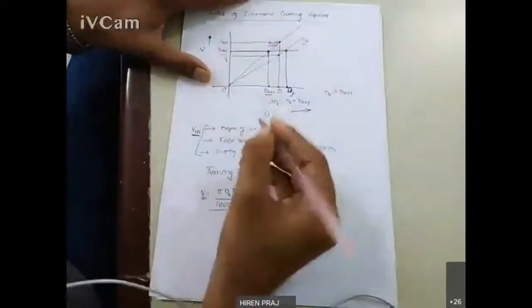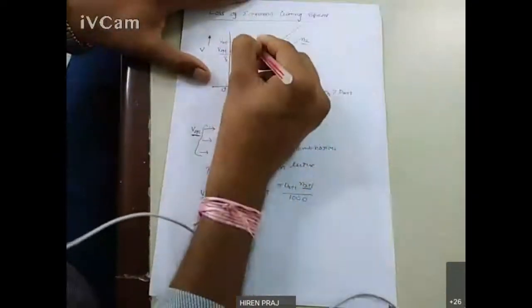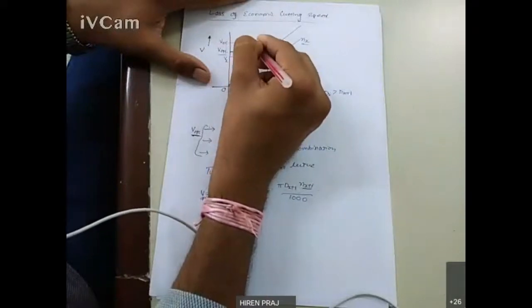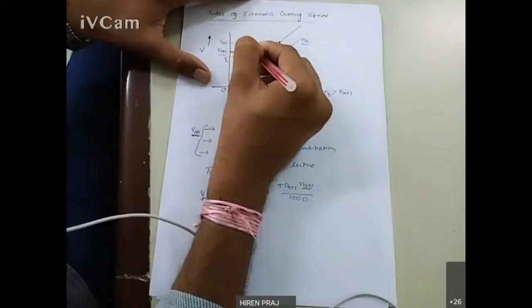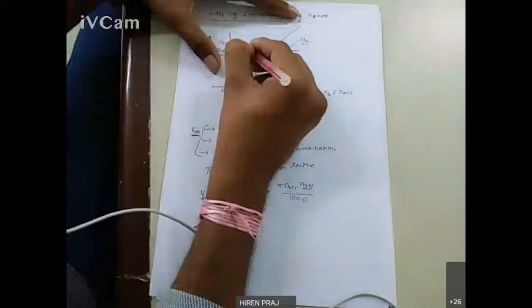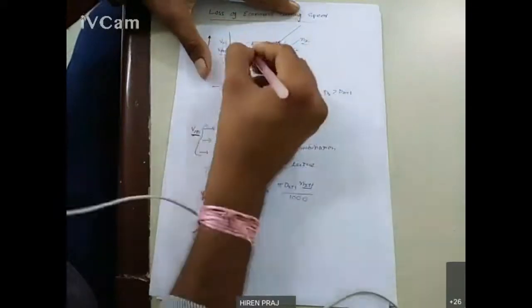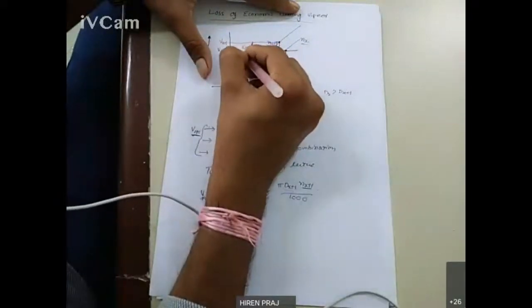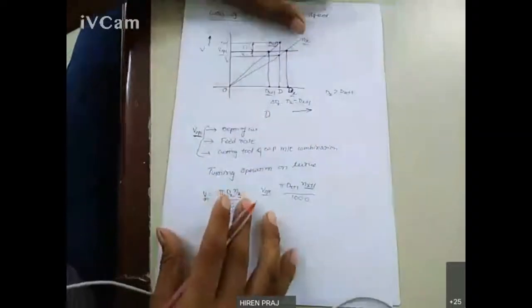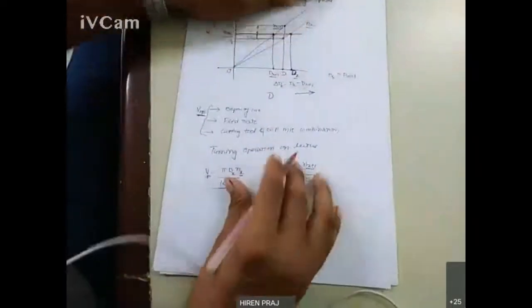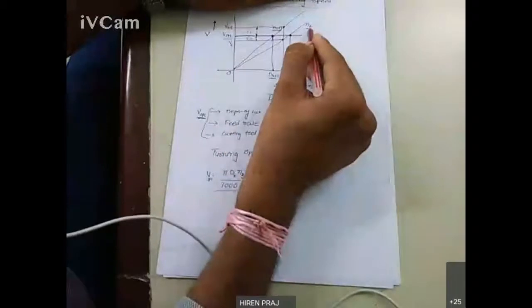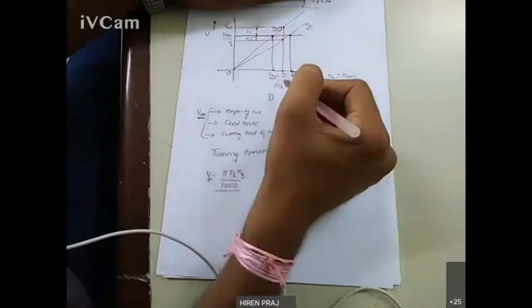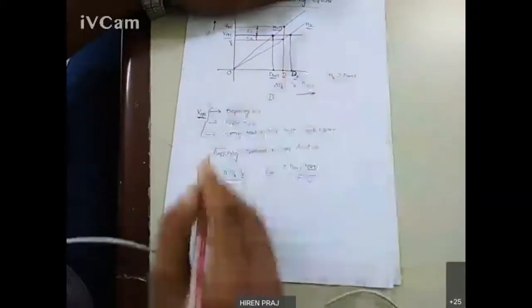So that I am indicating as, suppose this is sigma 1 and this is sigma 2. Now, selection of which speed, whether to go for nx or nx plus 1 for this diameter, depends on the following.